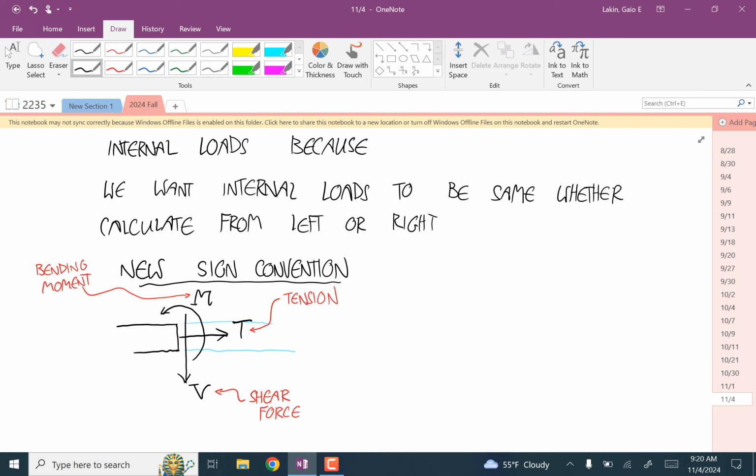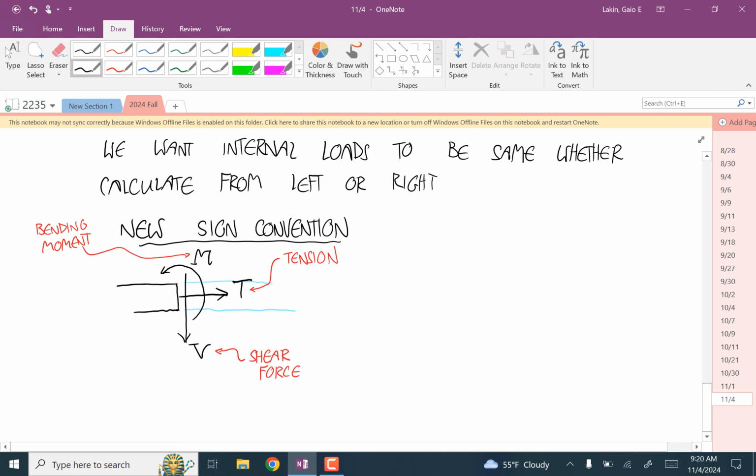If we were working from the other side, these would all be reversed. So if we're talking about the same spot on the same beam, now we'd be ignoring all the stuff over here, and our tension would be measured like this.